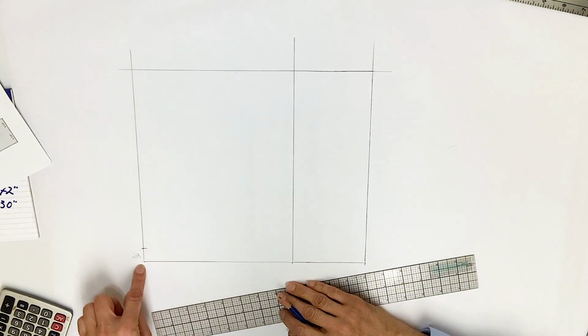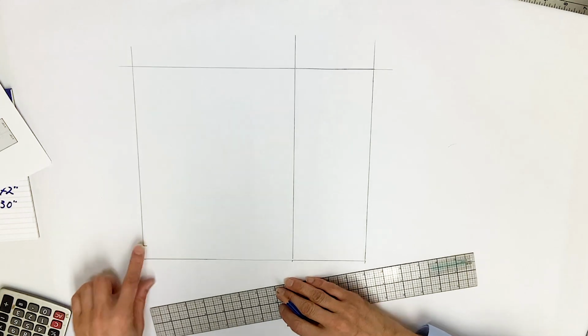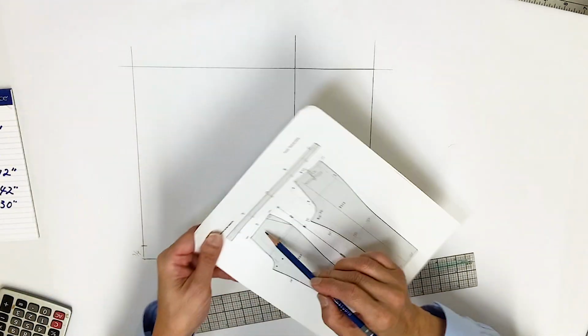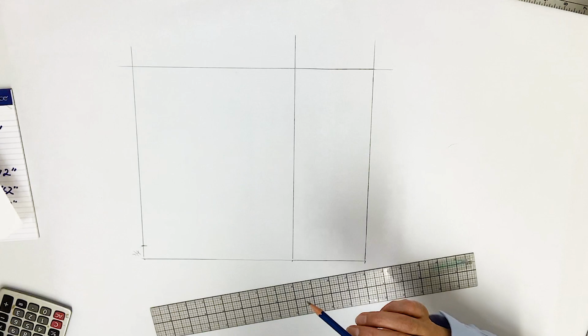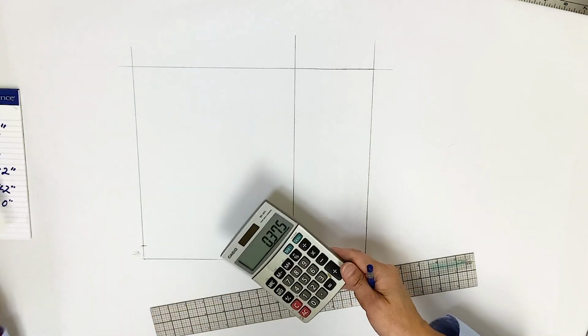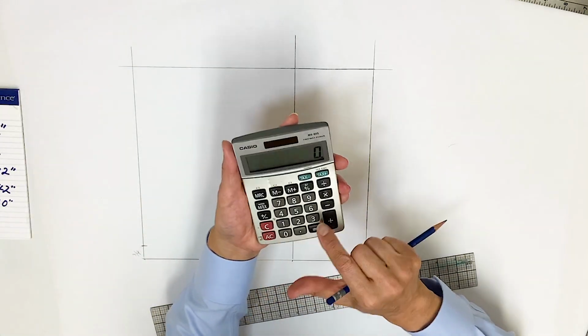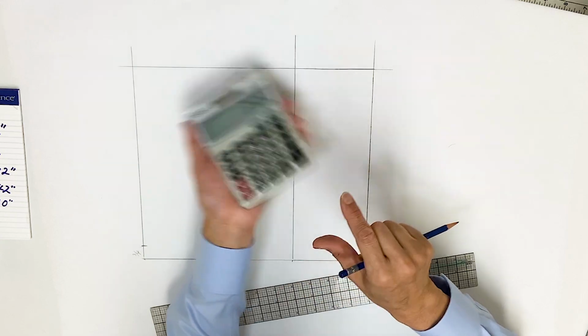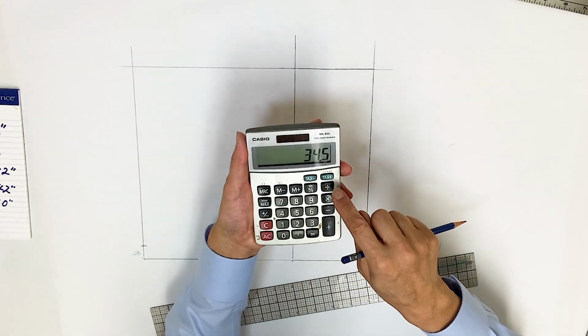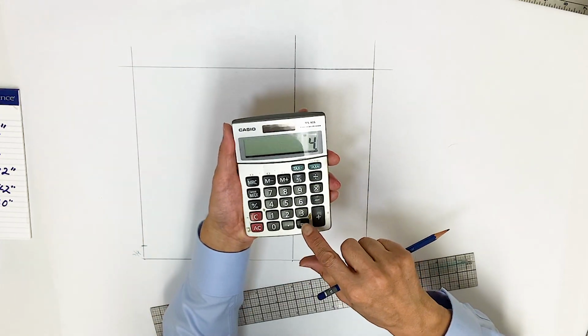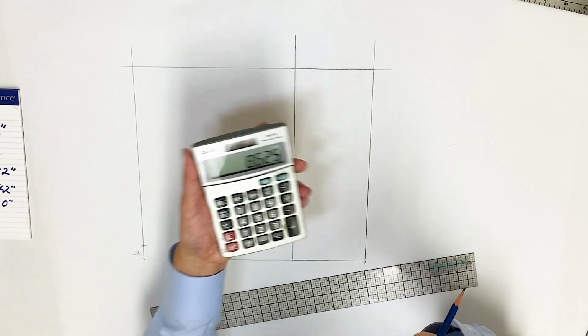Once you mark the 3/4 inch point, you're going to use this formula, which is waist divided by 4. My waist is 34.5, divided by 4, which is 8 and 5/8.